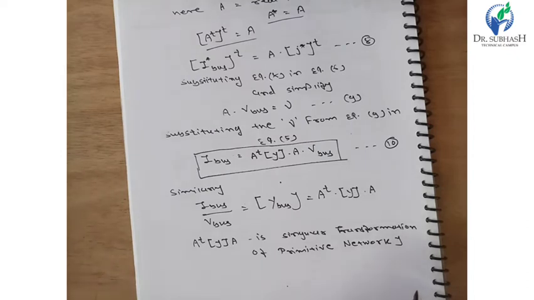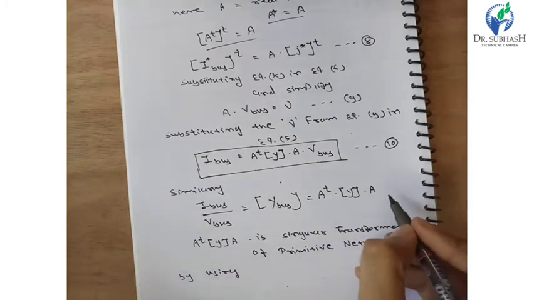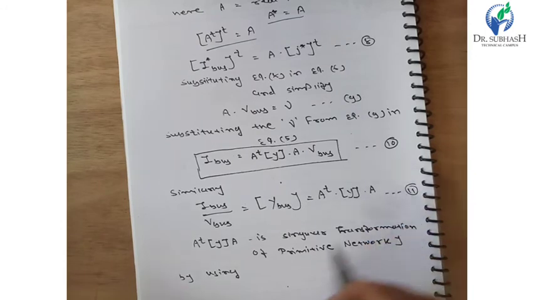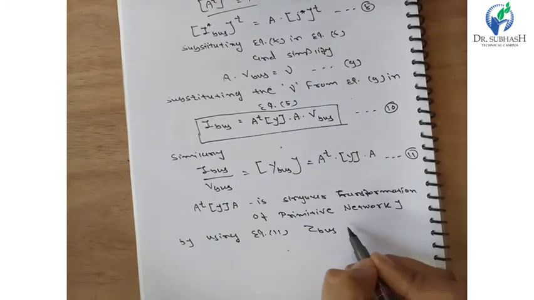So at the end, Z bus can be determined by using this equation. This is equation number 11. By using equation number 11, the Z bus can be determined.